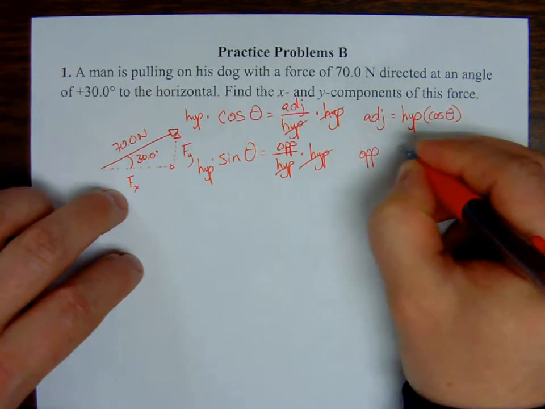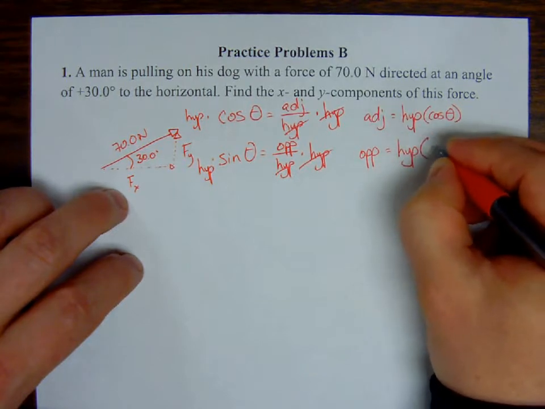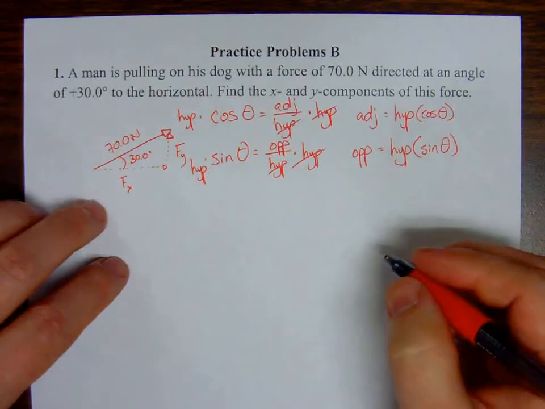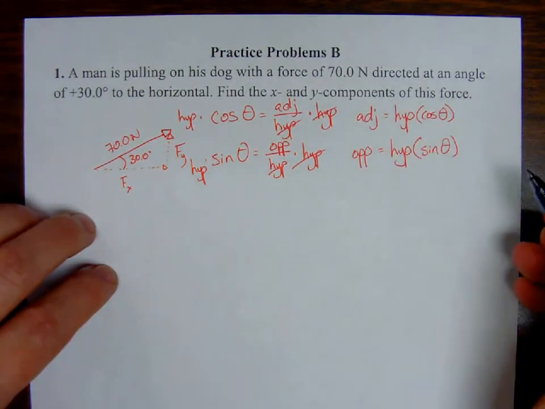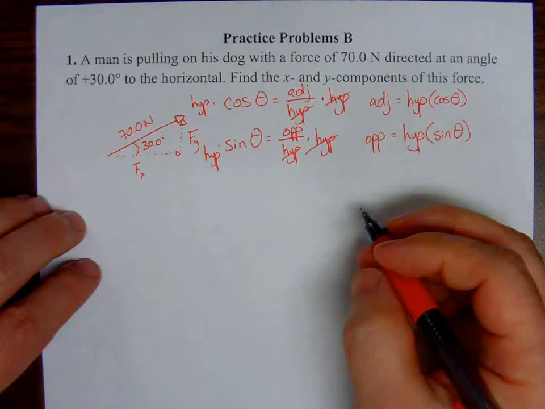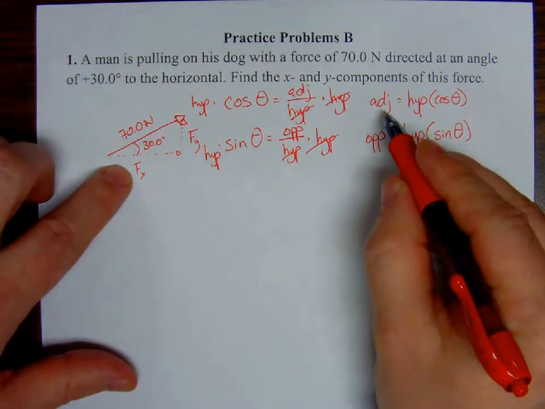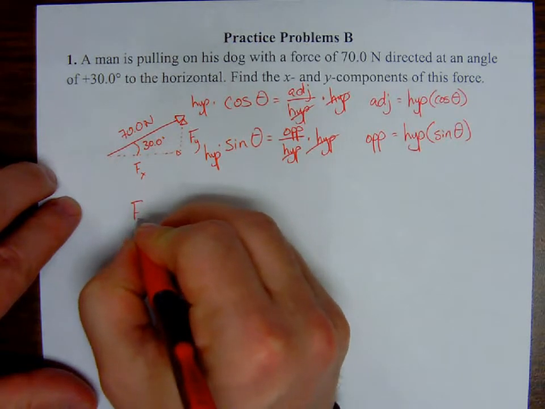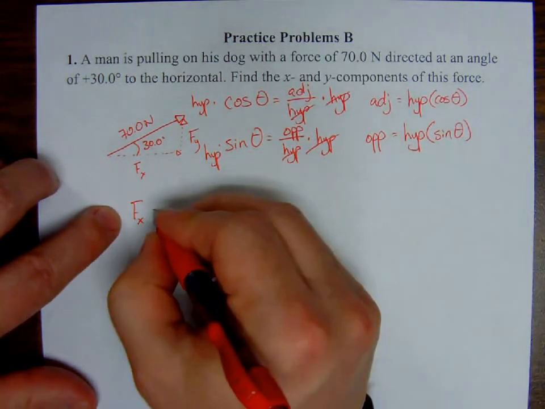So these are the two equations that I'm going to solve for, because the adjacent side is in fact the force, the x component of the force. So again, x component of the force, right, the adjacent, is equal to the total force, multiplied by the cosine of the angle.